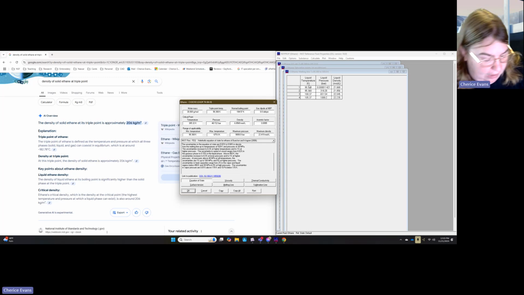Mole per liter, which is way less dense than I expected it to be. That would mean solid ethane definitely floats on the liquid. So I'm definitely going to recheck these calculations real quick.